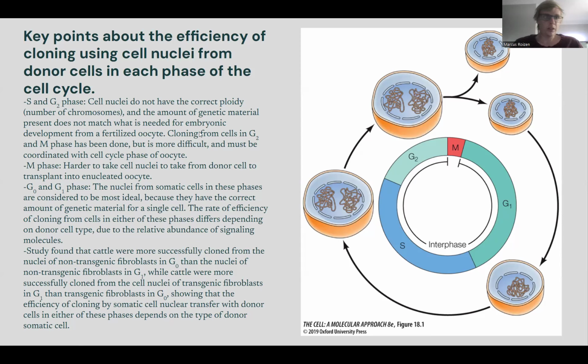Then, of course, in S phase and G2 phase, it's much trickier, has been done, but is much trickier because you've got partially replicated chromosomes in S phase, and that leads to the incorrect ploidy for a typical fertilized egg cell.